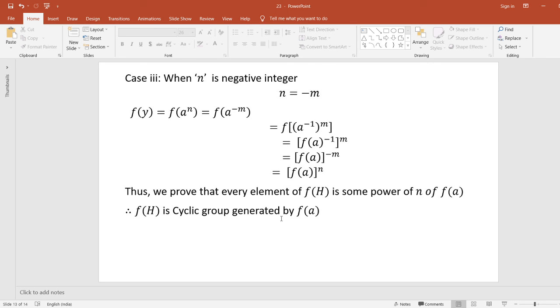Thus we prove that every element of f of H is some power of f of a. Therefore, f of H is a cyclic group generated by f of a. Therefore, f of H is a cyclic group.